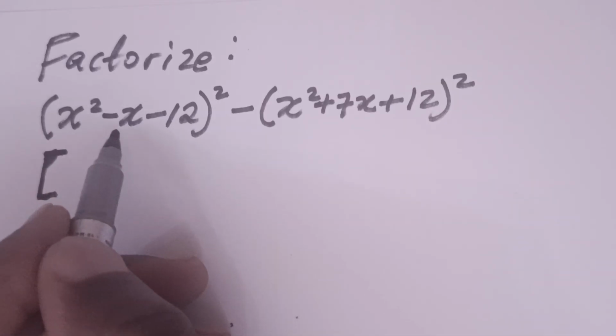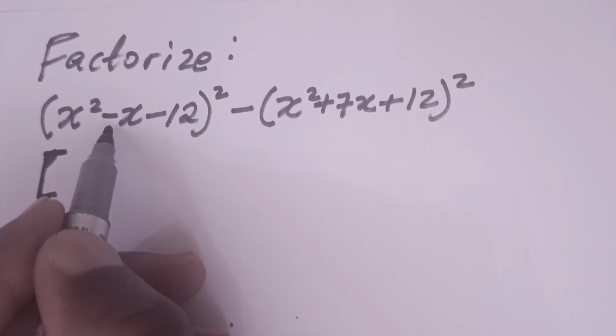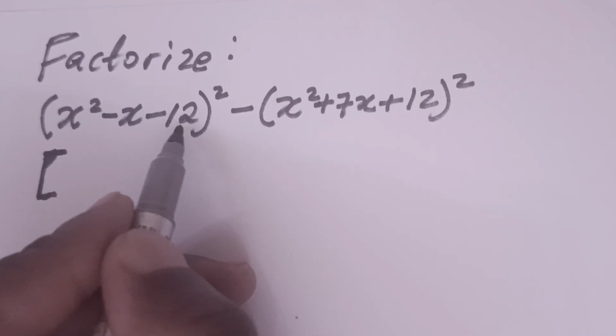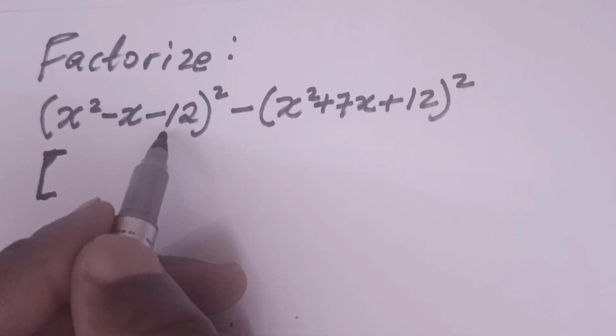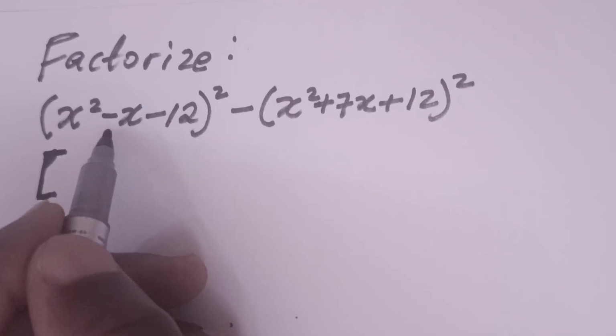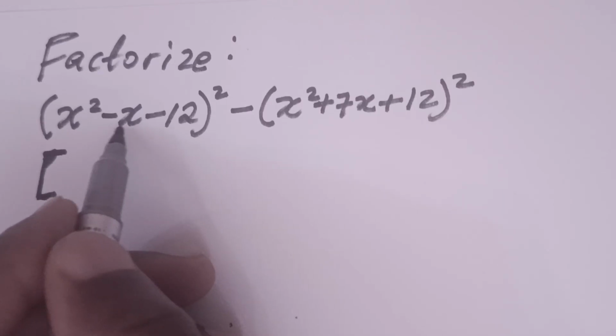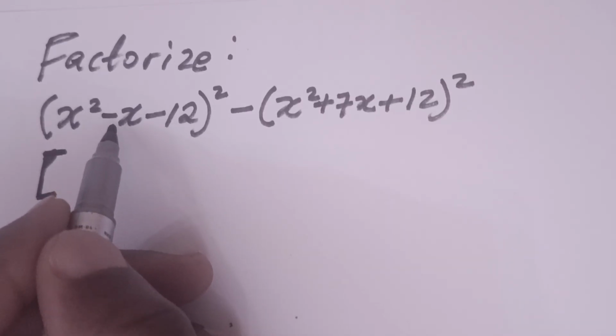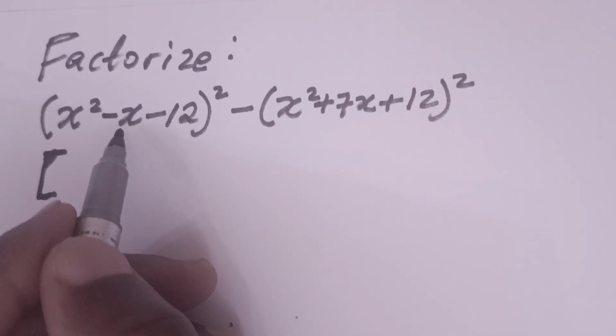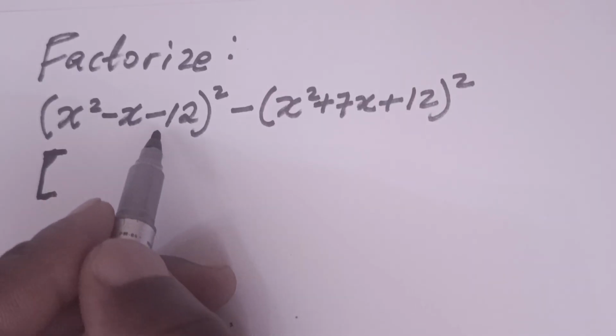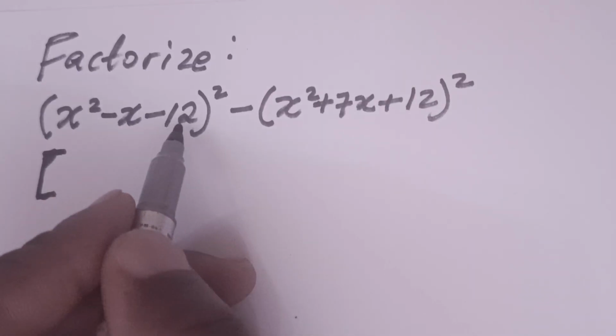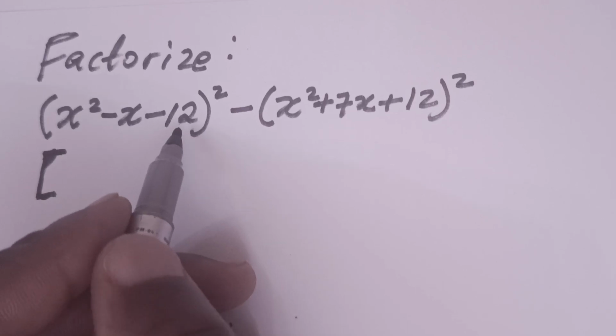We are looking for two numbers that when you multiply them, they give you a negative 12, and when you add or subtract them, they give you a minus 1, because there is a minus x, meaning it's minus 1x, but the 1 we keep invisible. The factors of 12 are 6 and 2, and 4 and 3.